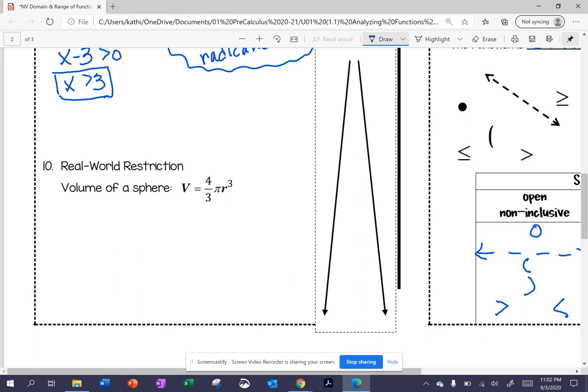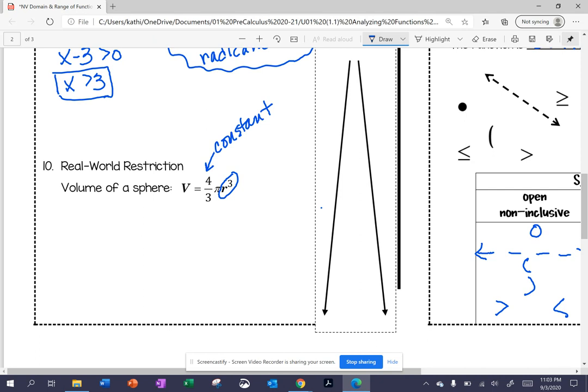Yes, I have a fraction, but the fraction is with the constant. I'm only interested if I have a fraction with the variable, and the variable is r cubed. So r cubed is not a fraction, so I'm not worried about the denominator, and it's not a radical. So I don't have either of those math restrictions.